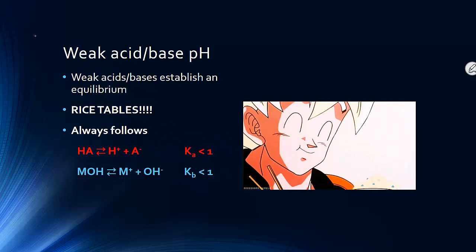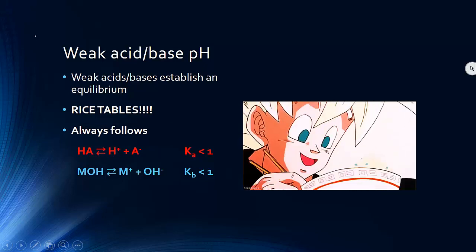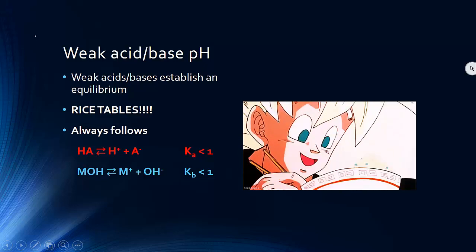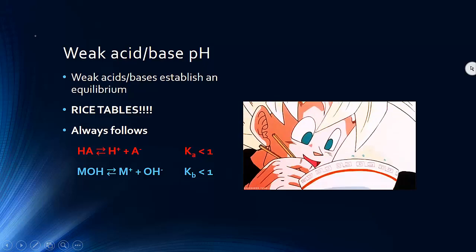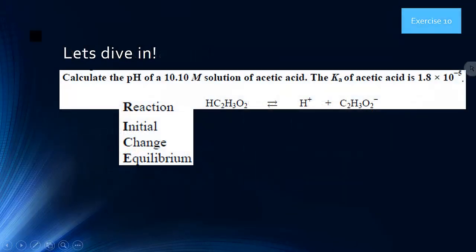We'll do the same with bases. A weak acid and a weak base will set up an equilibrium. We will either determine the pH from our RICE tables, or we will determine the Ka given the pH. It sounds more complicated than it actually is, so let's just get straight to it.